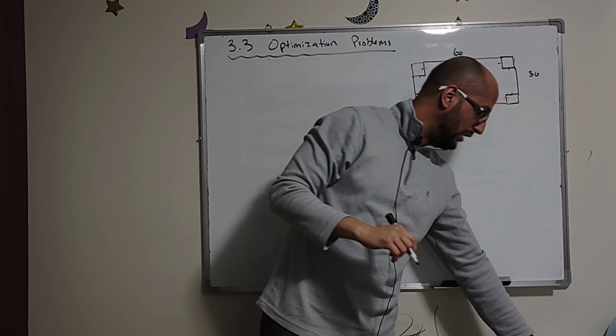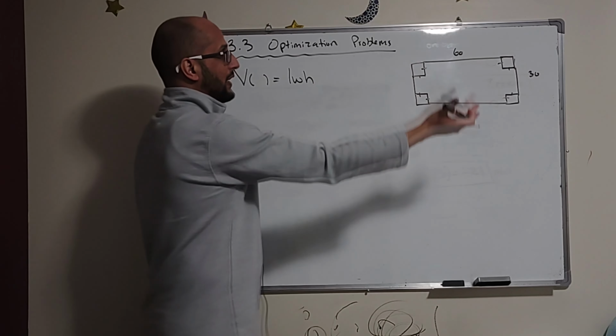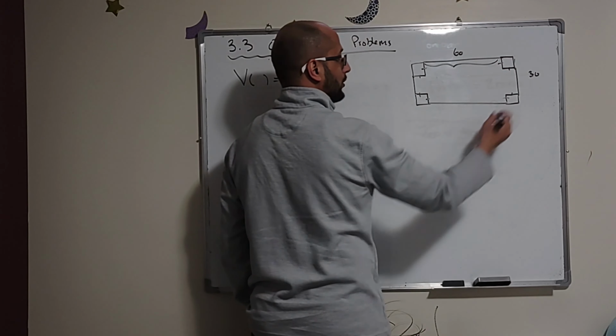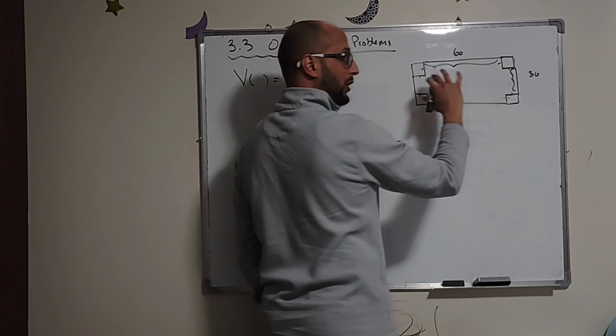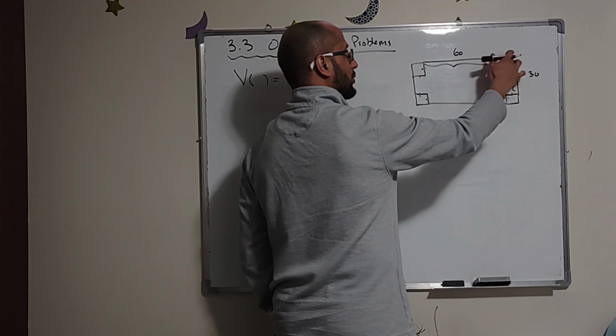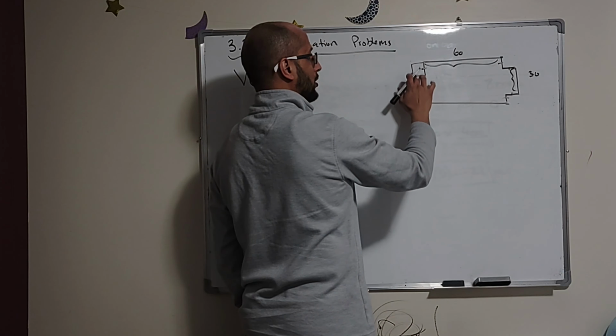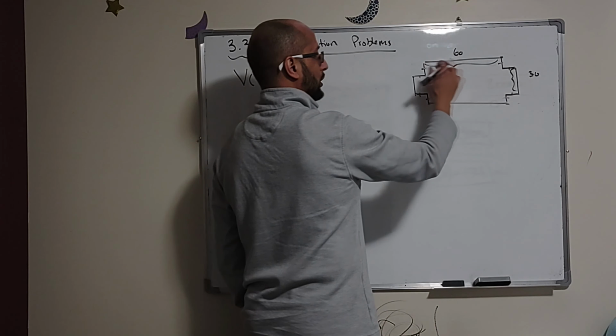So the volume is length times width times height. Now in this case, your length will be here, your width will be here, because once the box is made, this part is gone, right? This little bit has been cut off from each part. So this is the length, this is the width, and this part here would be the height.